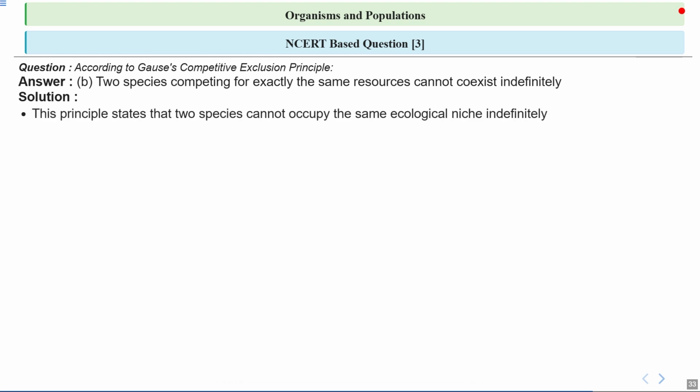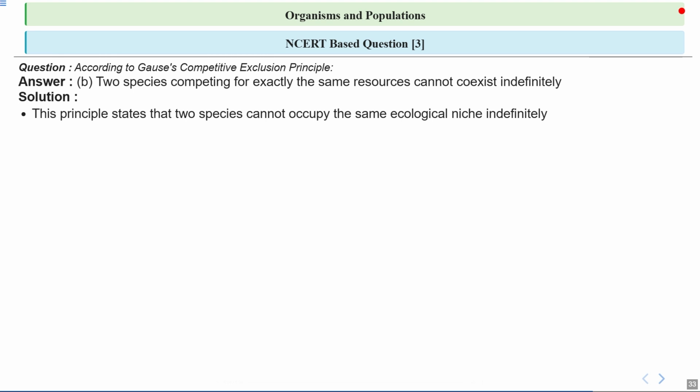Let's have a look at the explanation. So the principle states that two species cannot occupy the same ecological niche indefinitely. Okay, so two closely related species, if they are feeding on the same food, then they cannot coexist indefinitely.